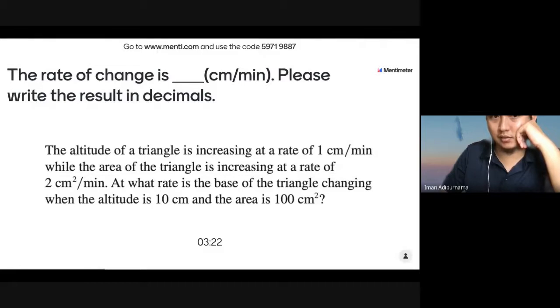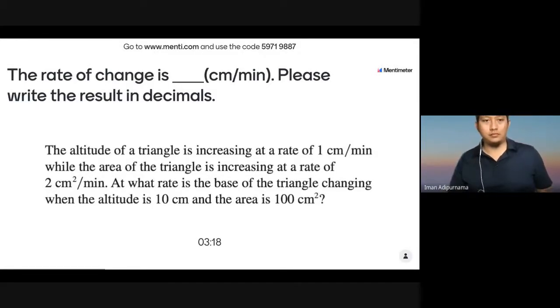The height. And you just write the number. Okay, write the number in decimals.